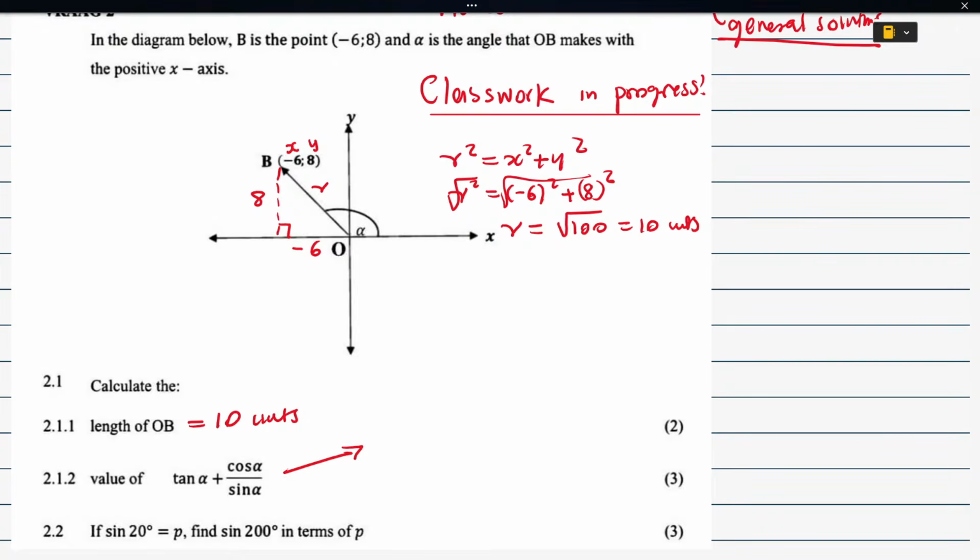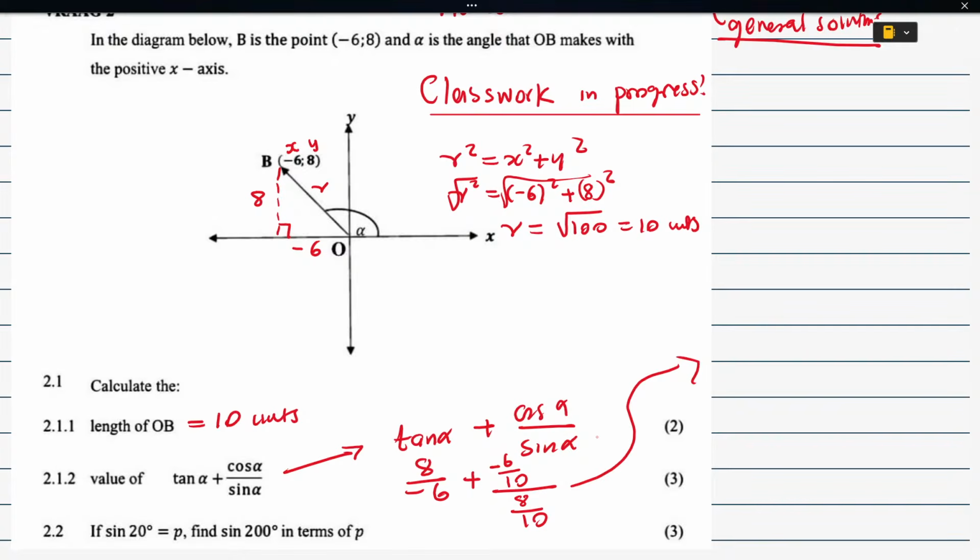Now, when we come to this question, what is tan alpha plus cos alpha over sine alpha? What is tan? Tan is opposite over adjacent. So it's 8 over minus 6. Then plus, now, what is the information that we know, dear learners? Cos, we're going to write cos here. It's adjacent over hypotenuse, all over sine, which is opposite over hypotenuse, right?